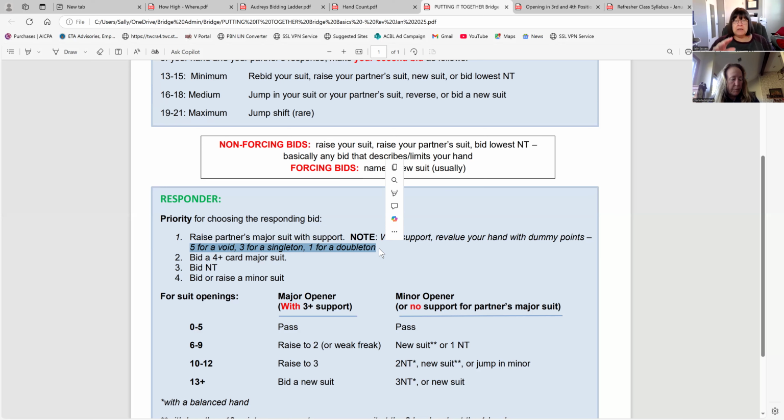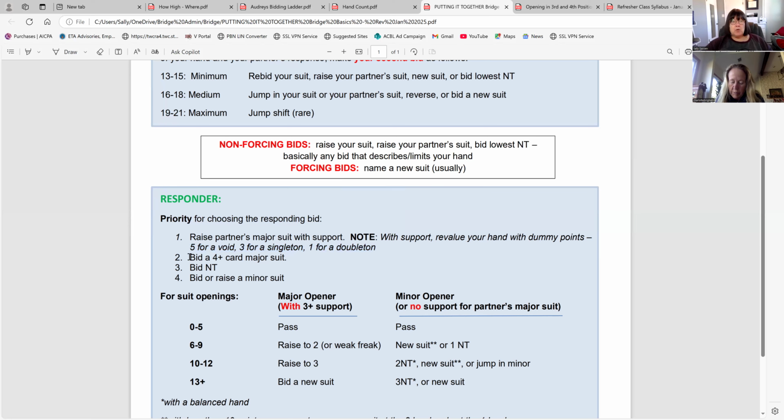If you have a void, you add 5, 3 for a singleton, 1 for a doubleton. So that's your first priority. Partner has opened a major suit. If you have support, they've promised 5, we're looking for an 8-card magic fit. That means if you have 3, you have support for them. That's your first priority, is to show that.